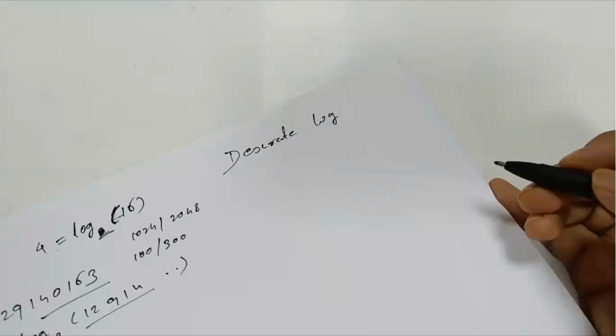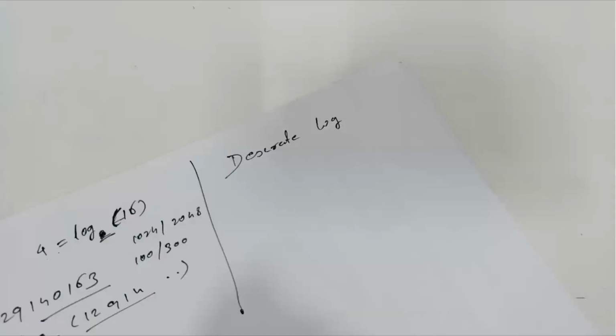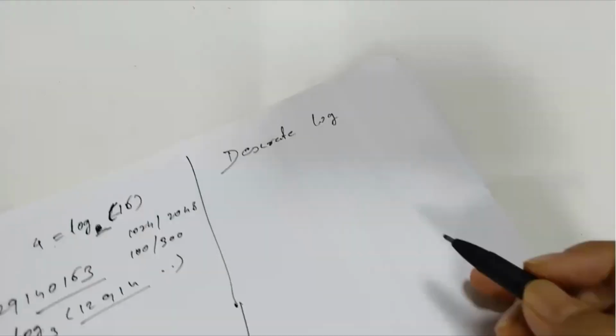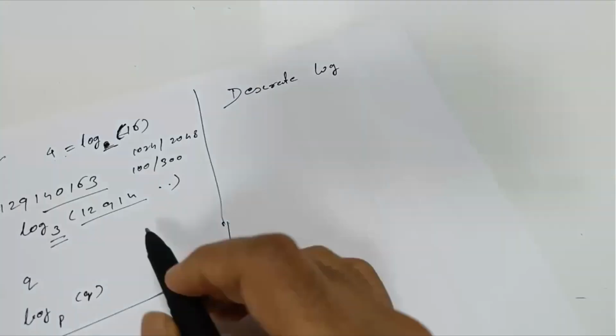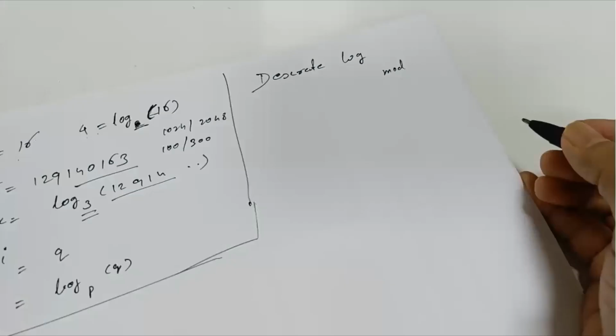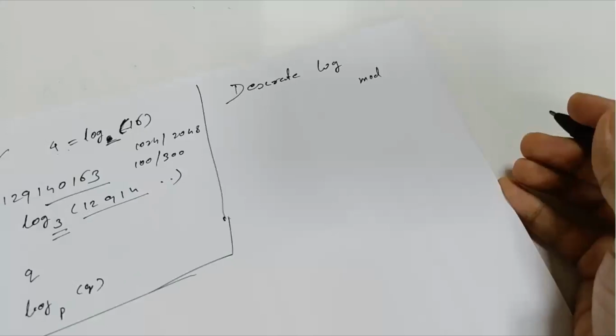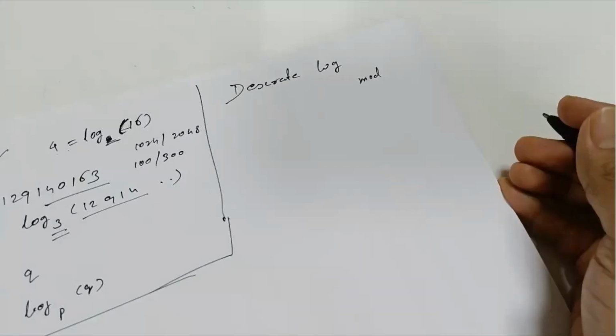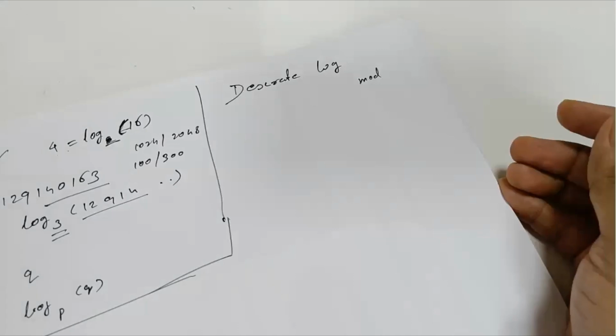The discrete log is a bit different than this type of log. Discrete log contains the modulo operator, because we have been working on modulo operators for a long time, and it is a part of modular arithmetic.